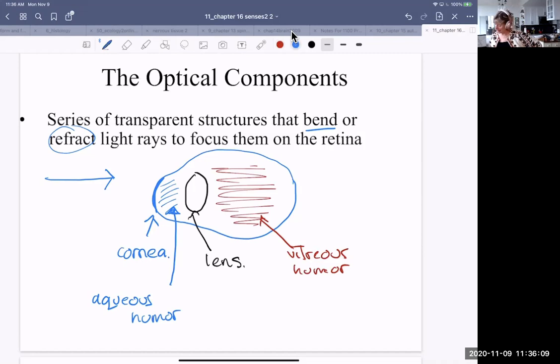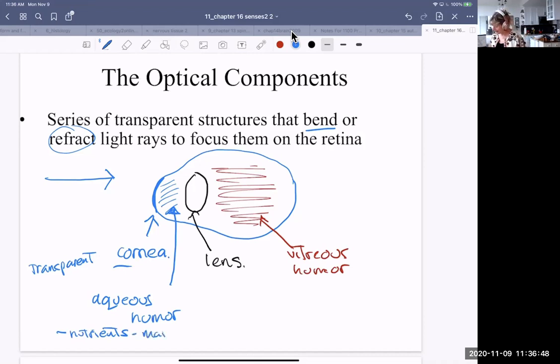So the cornea is transparent, of course. Aqueous humor provides nutrients to the eye, the cornea. It supplies nutrients.